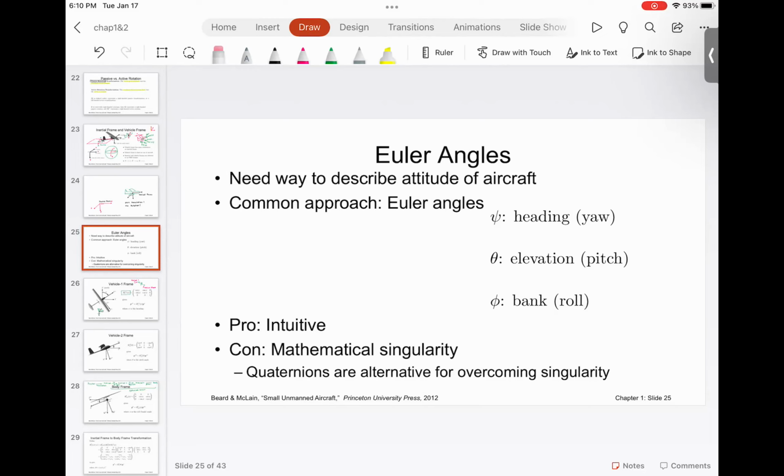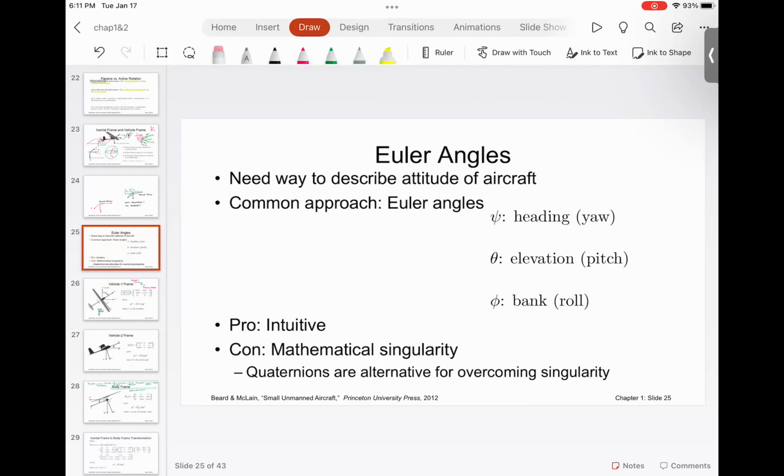And I will show you. Quaternions do not have mathematical singularity. The only problem with quaternions is you can't just look at the quaternion and understand what it means. So for visualization, you take a quaternion, convert that quaternion into an Euler angle, and then you can visualize.